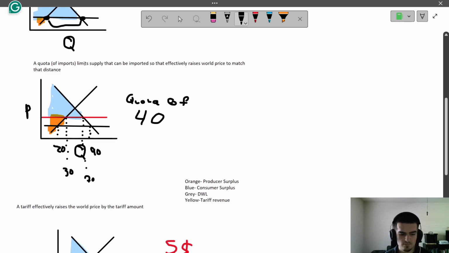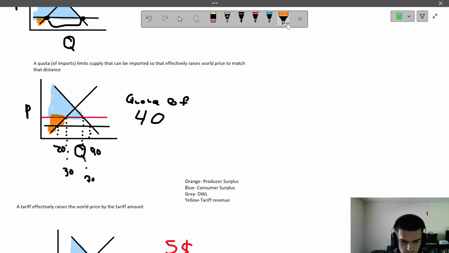A quota on imports limits the supply that can be imported, and that effectively raises the world price to match that difference. So here we have a quota of 40. Prior to the quota, they were importing 70 because producers were only willing to supply 20 and consumers were willing to buy 90.